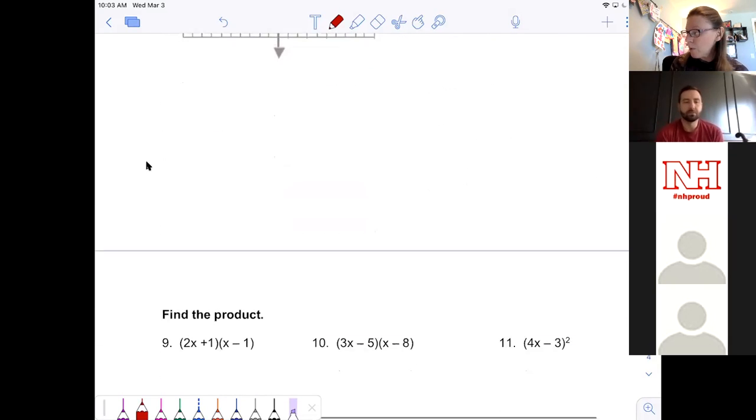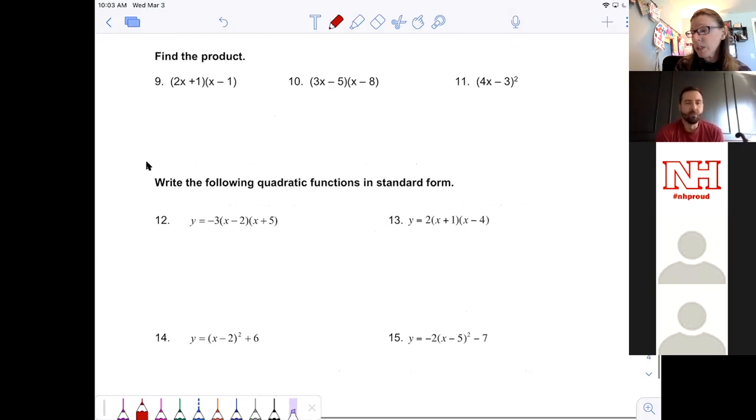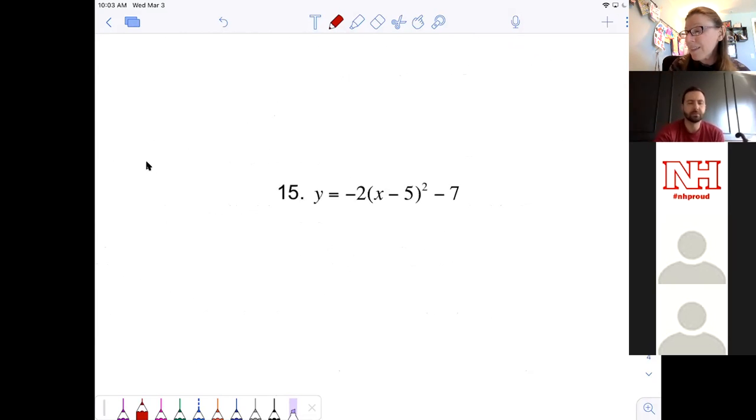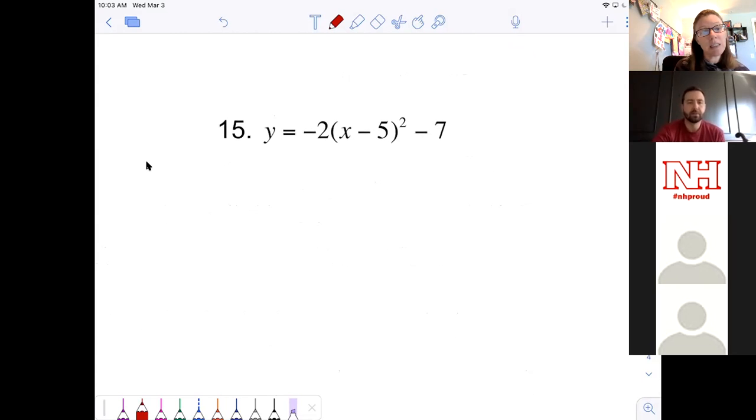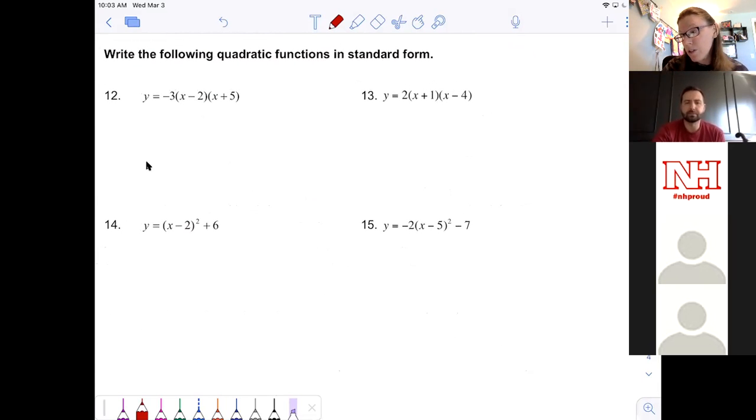So the last group of problems want you to find the product. If you look at 9 through 11, 12 through 15, these are all the problems that require multiplying. And just looking at that last one, number 15, the directions want you to write it in standard form, which just means really we're supposed to multiply to change it to ax squared plus bx plus c.